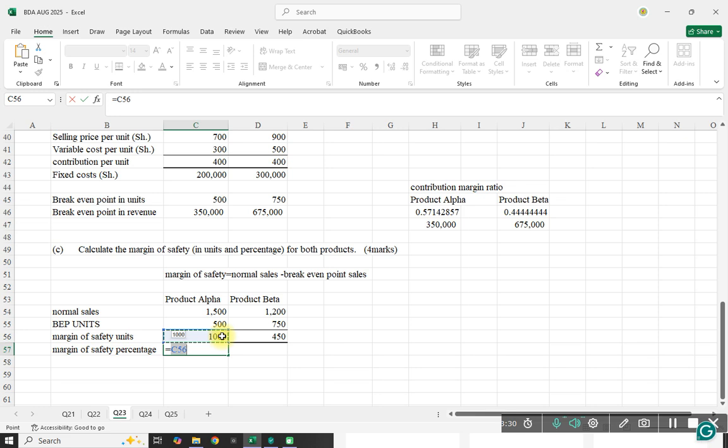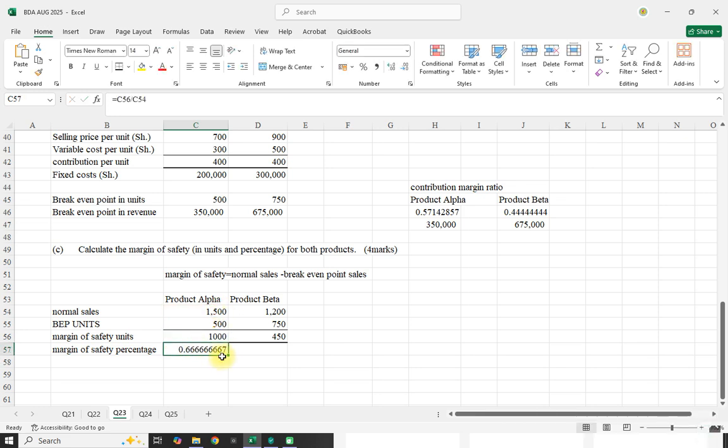So you take this and divide by the normal sales, and you autofill this and convert that to percentage. So we had 67% and 38% as our margin of safety. That is how it was supposed to be done.